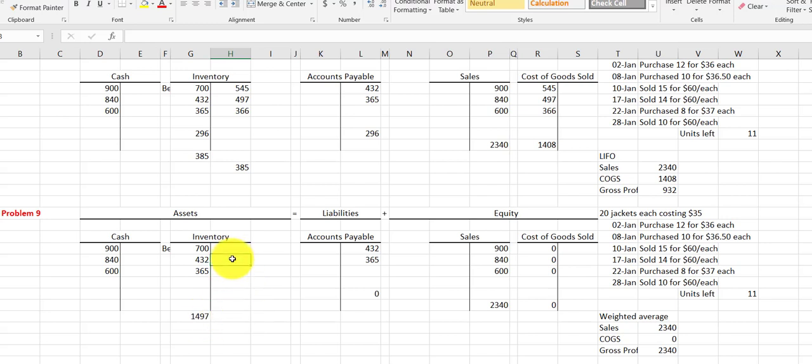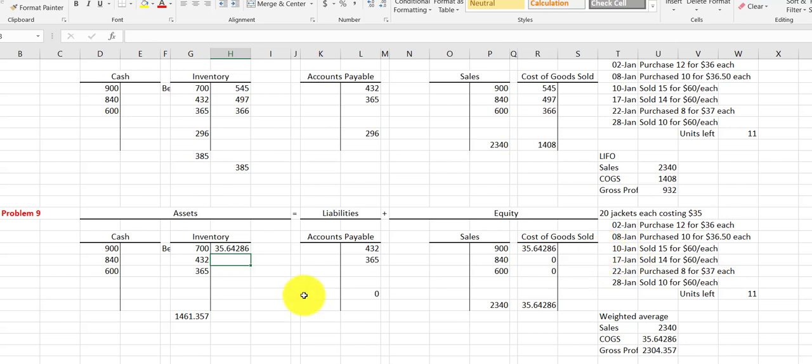So what we want to do is take $1497 divided by how many units? Well, we started with 20, we bought 12, and we bought 10. So 20 plus 12 plus 10 is 42.